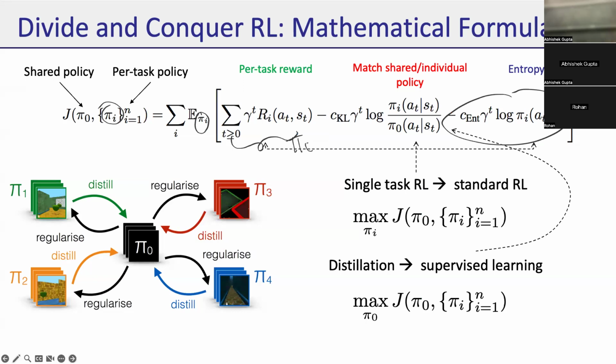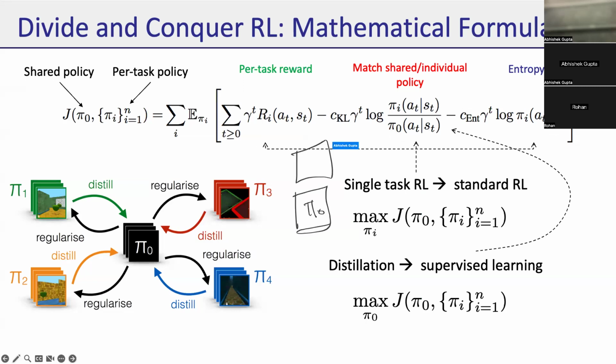The only thing that's different is this thingy, and this thingy is just saying, try to minimize the KL divergence between pi I and pi naught. That's all that's saying, right? So it's going to get penalized for deviating really far from what the shared policy would do. Let's say your shared policy did something and you're changing your pi 1 to some pi 1 prime.